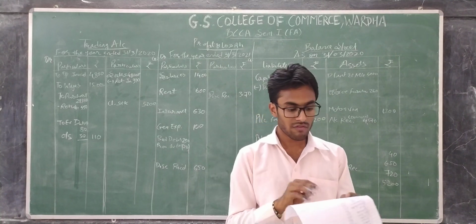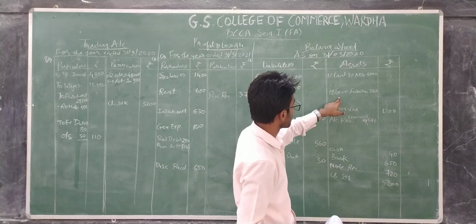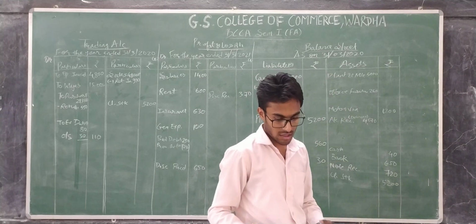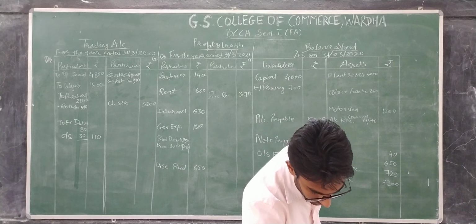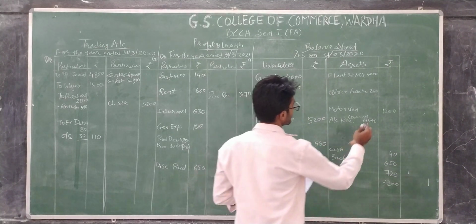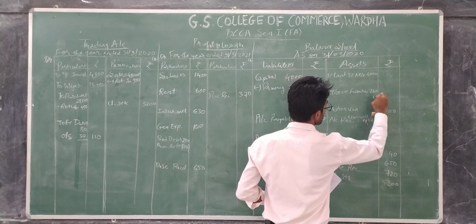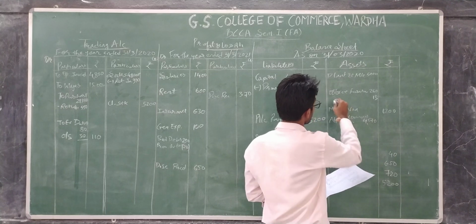The third one is 5% depreciation on furniture. So we have to write here 5% depreciation on the furniture. 5% depreciation is 30 rupees.